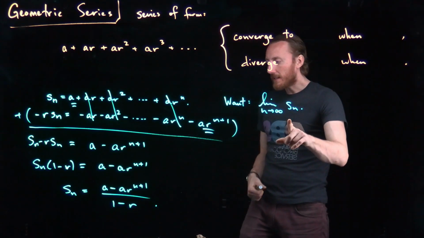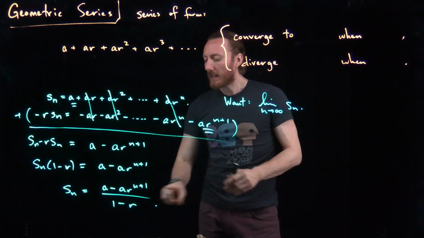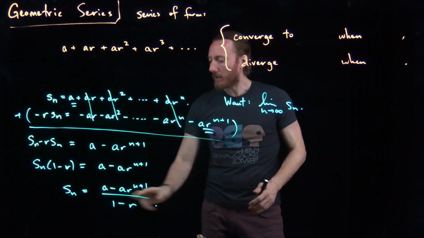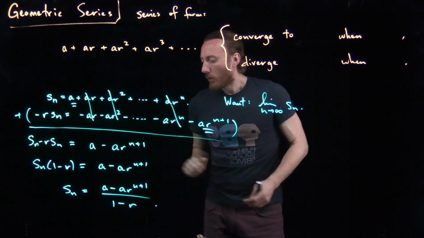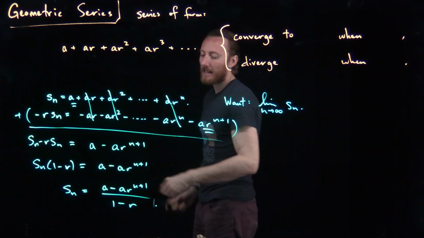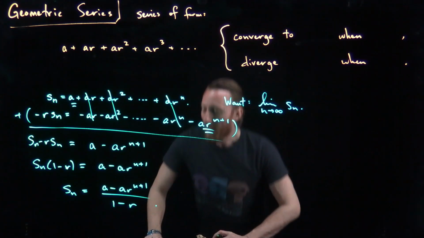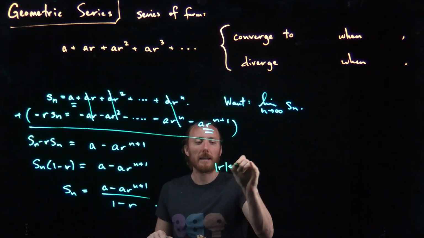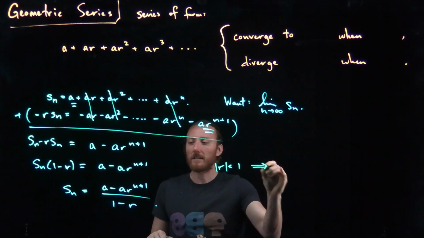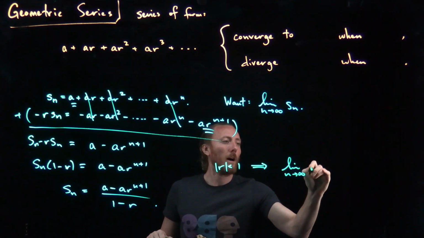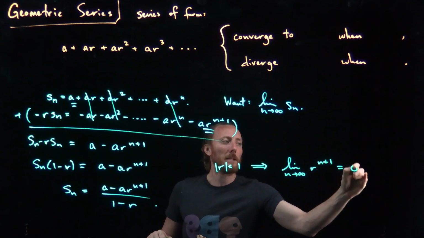And if we want to take a limit of this as n goes to infinity, note that limit is only affecting that r to the n plus 1 term, because a has nothing to do with n, 1 and r have nothing to do with n, so the n is only showing up as that r to the n plus 1. And please note here, if r is less than 1 in absolute value, then that's going to imply that the limit as n goes to infinity of r to the n plus 1 is going to be 0.